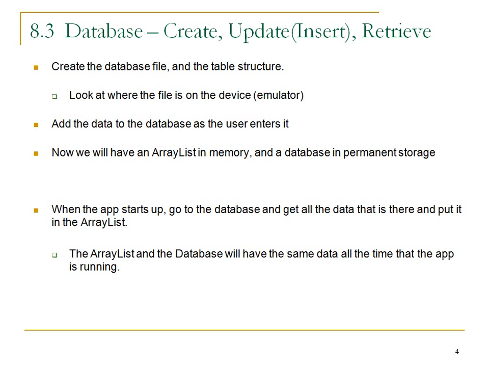And we will actually go into the device using the DDMS and look at where that file is, so that you're comfortable that there is physically a file on the device in a private area that only our application can look at. And then we will add the data to the database as the user enters it. When someone enters their bowling scores, we are going to add it to the array list, and we're also going to add it to the database.